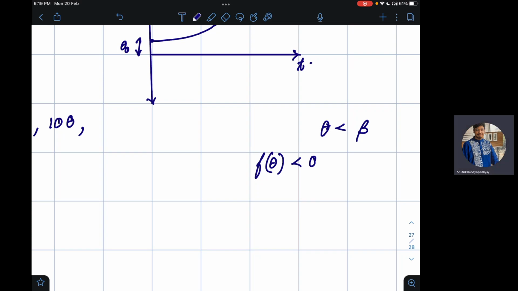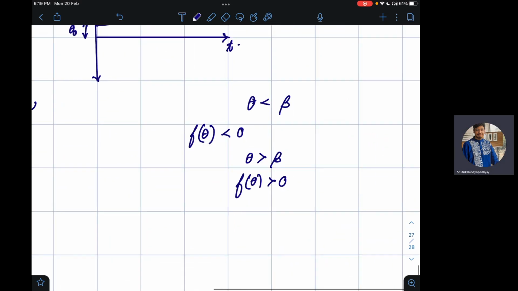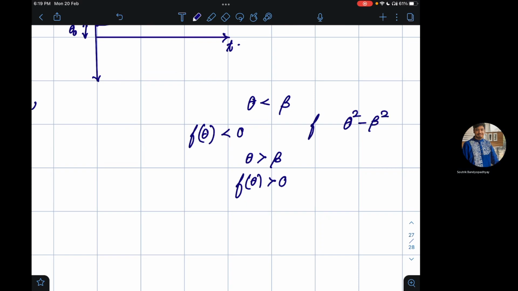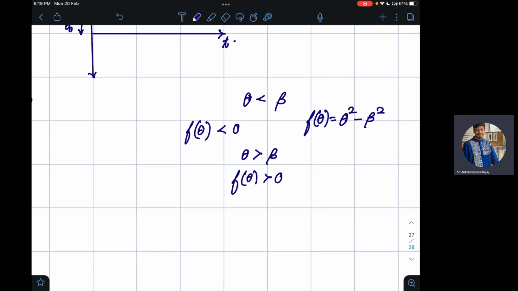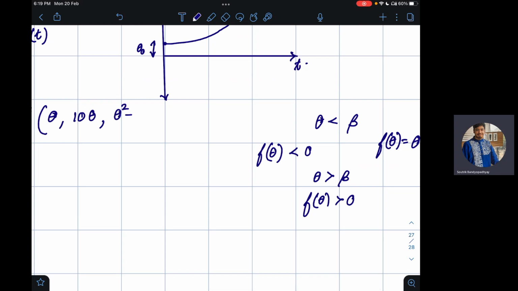But if theta was greater than some bound, then f theta would be positive. Such a function can be chosen as, let's say, theta square minus beta square, right? Because if you look at f theta, if theta square is greater than beta square, this thing is positive, and it is less than 0 otherwise. So I have this function theta square minus beta square, right?